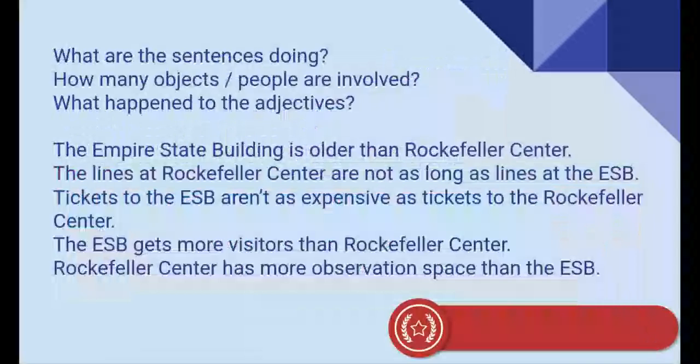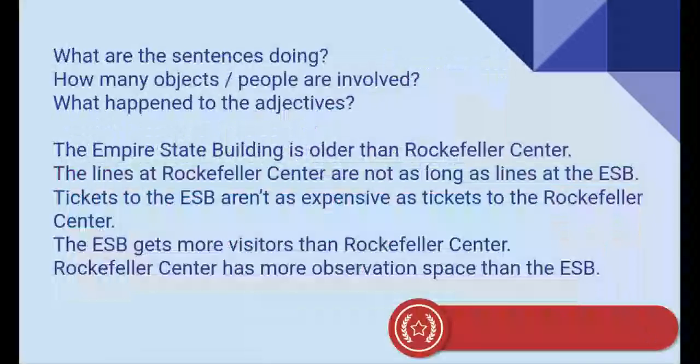Okay, great. So if you see, we are comparing. That's what the sentences are doing. Today we're going to look at different options to compare things. Now, how many objects or people are involved? Well, if you notice, we are comparing two buildings, the Empire State Building or ESB or the Rockefeller Center.